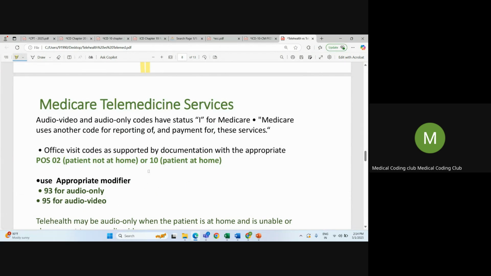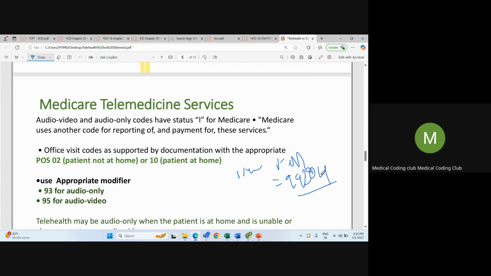Is it a telemedicine visit or not? First confirm it is a telemedicine visit. Once you confirm, check the time coding guideline or MDM coding guideline. Say for example you got moderate MDM, new patient, moderate MDM, you will be getting 99204. For this 99204, you are going to bill even though it is a telemedicine visit, because the payer is Medicare.